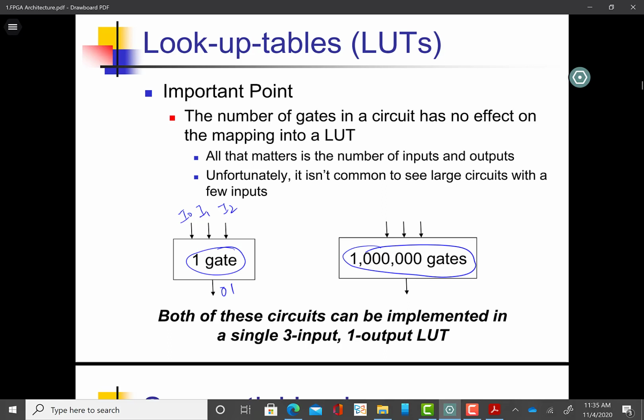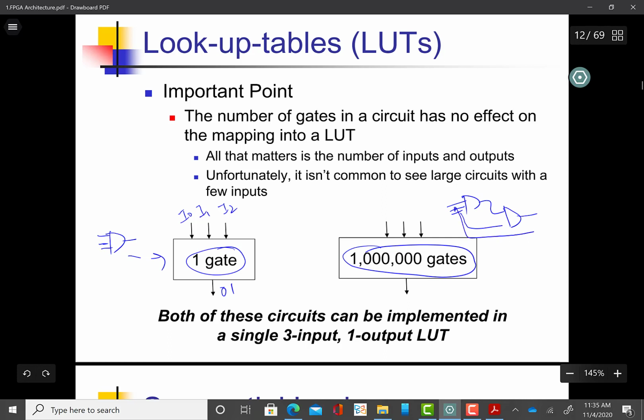What this means is that if you put a single gate like this one here, or for example this one, as long as the inputs are 3, which are these, and the output is 1, it doesn't matter.